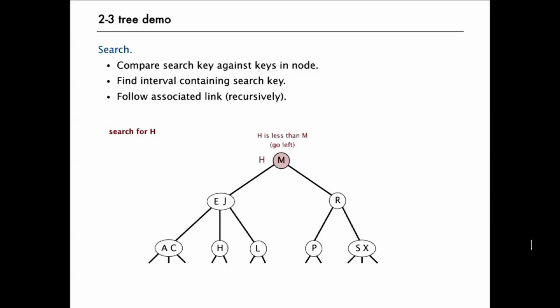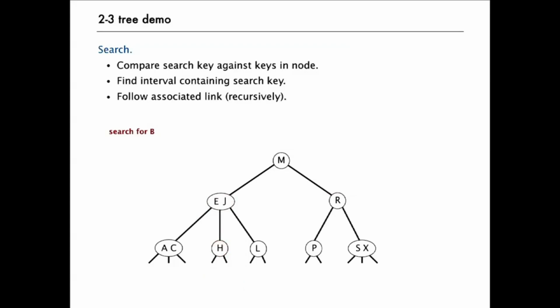So if we're looking for H, it's less than M, so the only place it could be is in the 2-3 tree on the left link, so we follow the left link. Now we compare H with E and J, and in this case it's between, so now we're going to take the middle link. That's the only place that H possibly could be. And in this case, that one node 2-3 tree contains H, so that's a search hit.